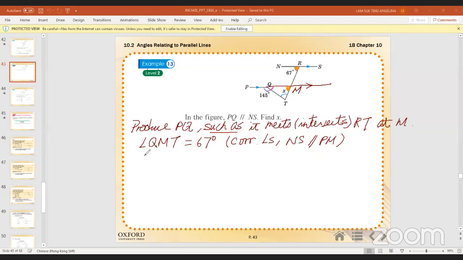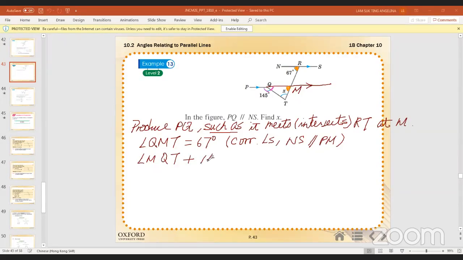Therefore, we write this angle first, angle MQT. It is the first angle mentioned. Okay, you can think about this one to be a sentence. Therefore we all have our focus on this one.